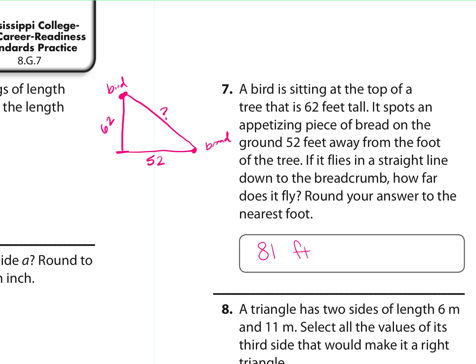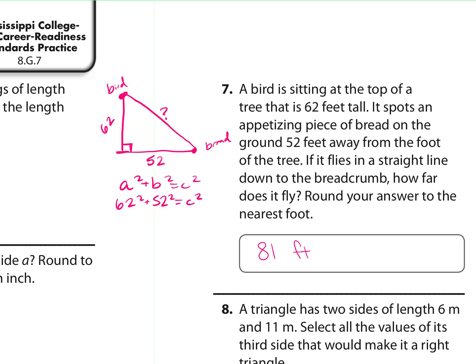Well, I am going to assume that the tree being vertical and the ground being horizontal would meet at 90 degrees. And then we can go to Pythagorean theorem and plug in 62 squared plus 52 squared equals c squared.